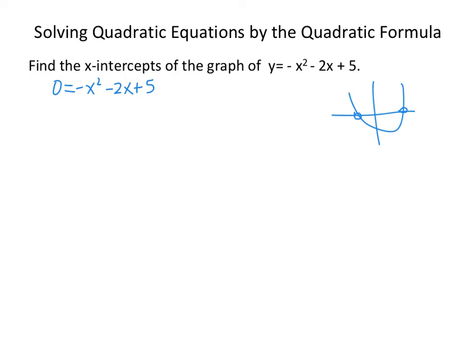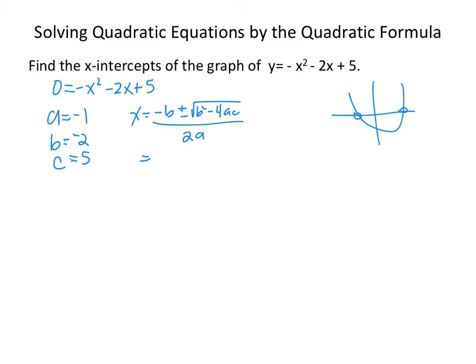From here, I'll identify again my a, b, and c. a is equal to -1, b is equal to -2, c is equal to 5. Plugging it in, x equals -b plus or minus the square root of b squared minus 4ac, everything over 2a.